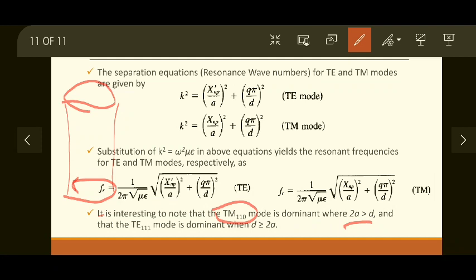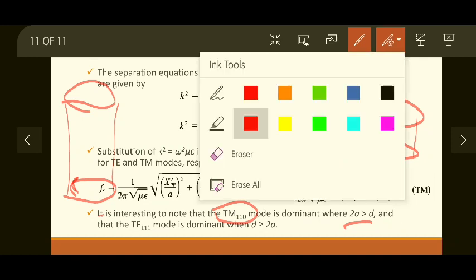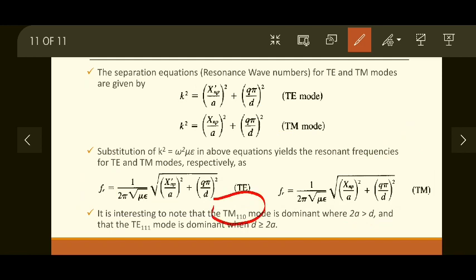Okay, this is D greater than 2A, and the other one is 2A greater than D. For different dimensions, different dominant modes: TM110 for 2A greater than D and TE111 for D greater than 2A.